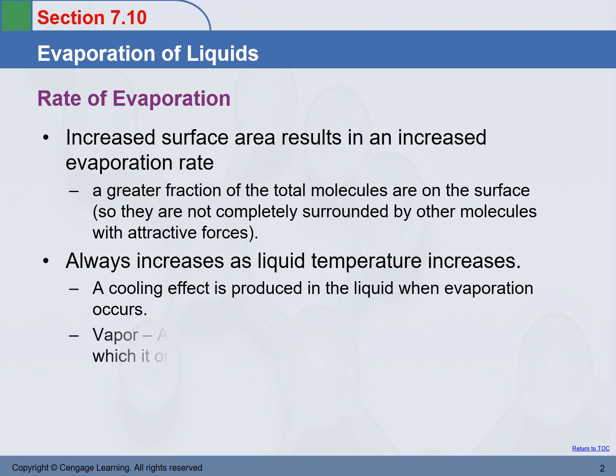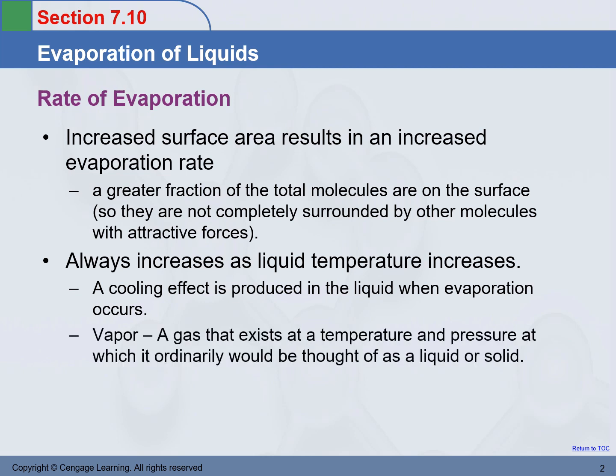So, for the particles that become gas at a temperature when they should be staying as a liquid or solid, those kind of gas particles are called vapor. Vapor is a gas that exists at a temperature and pressure at which it ordinarily would be thought of as a liquid or solid. Okay, so the moisture in the air, those are called vapor.